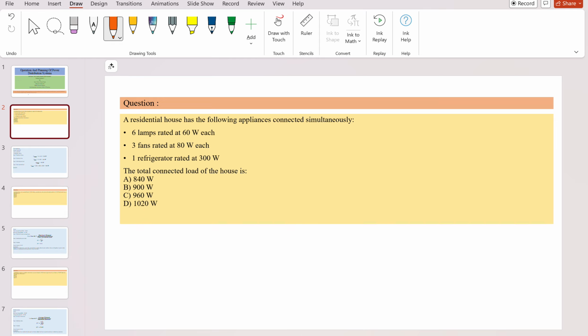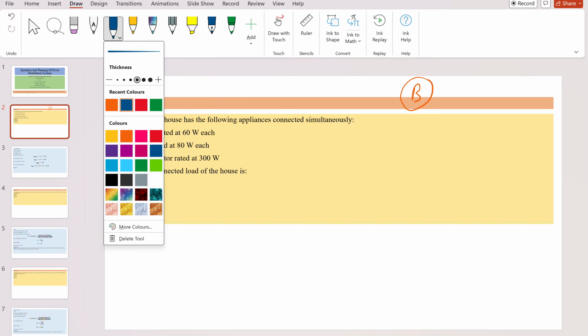I need an answer from everyone, so that I can be aware that you people know the concept. Sir, it's 900 watts. Okay, I got one answer as option B. Others try to solve.